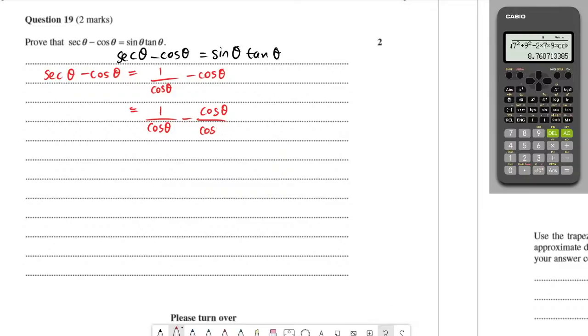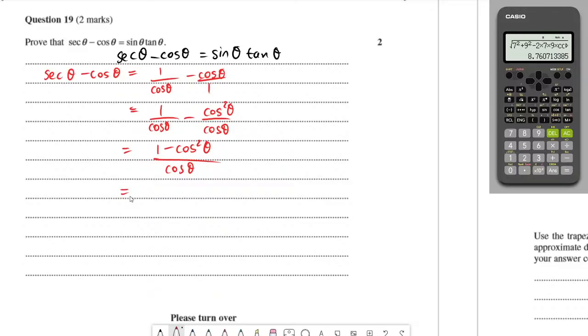That's not going to work. What am I doing? I need to get the thing on the top and the bottom the same. So this is the same as cos theta over 1. Oh, I did it the wrong way around. Just one of those nights, I think. Cos squared theta over cos theta. Okay. And so from here, we get 1 minus cos squared theta over cos theta.